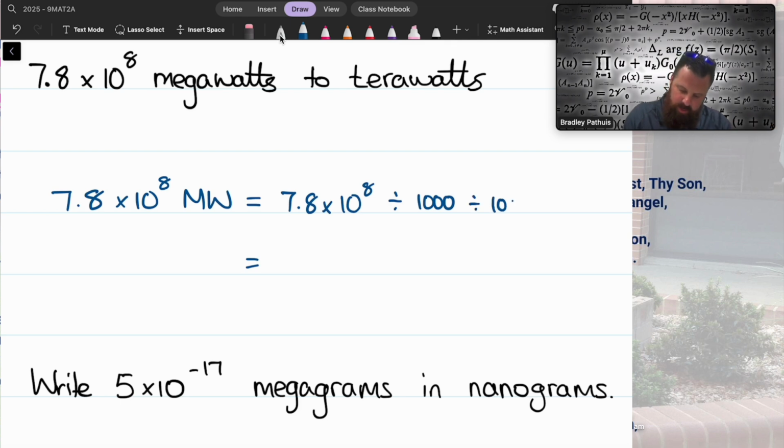We divide it by 1,000 again because that gets us from giga down to tera. When we type 7.8 times 10 to the power of 8 divided by 1,000, divided by 1,000, we get 780, and we include our units, 780 terawatts.